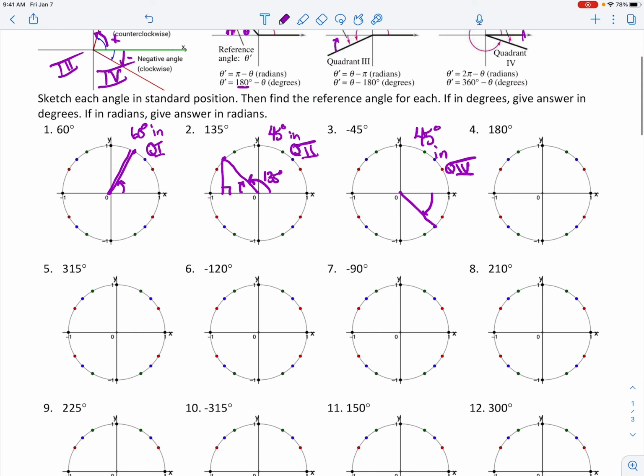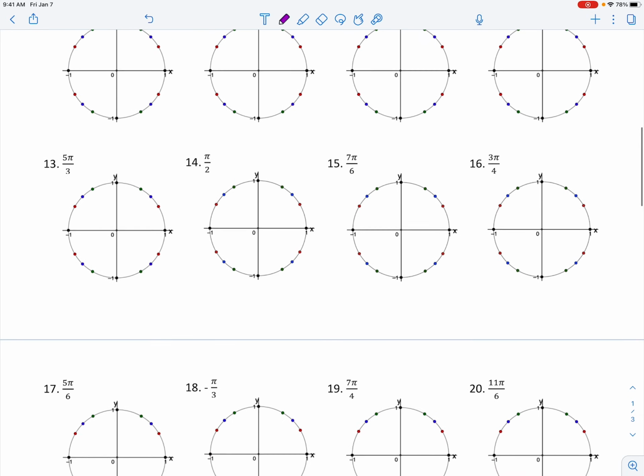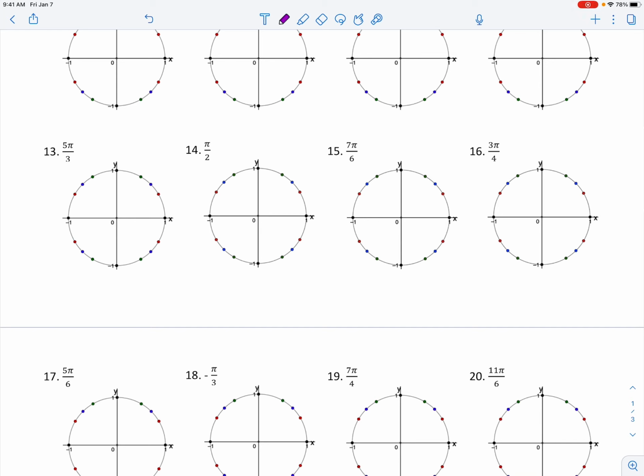So I want you to work your way through these. Let's do a couple in radians. And I think you're going to notice that the best part about radians is when we look at these, at least these special angles, 5 pi over 3 is going to simplify to a pi over 3 angle. And we can count by pi over 3s by splitting this circle into thirds and counting our way around.